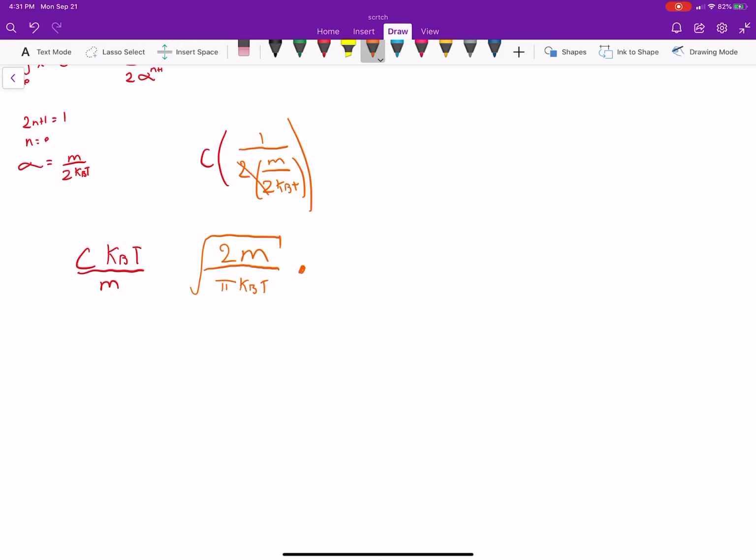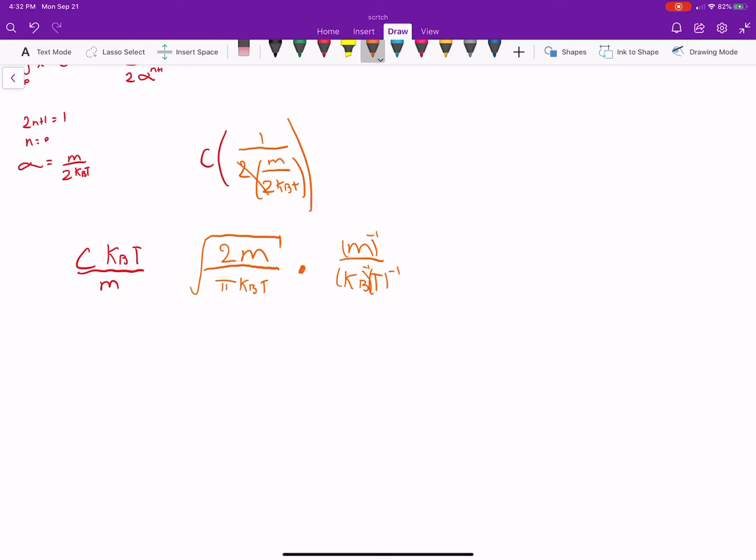Times kBT over m. Or what I'm going to do is flip this and change my exponents. So this is to the -1. Everything's now to the -1 because I flipped it. Okay?